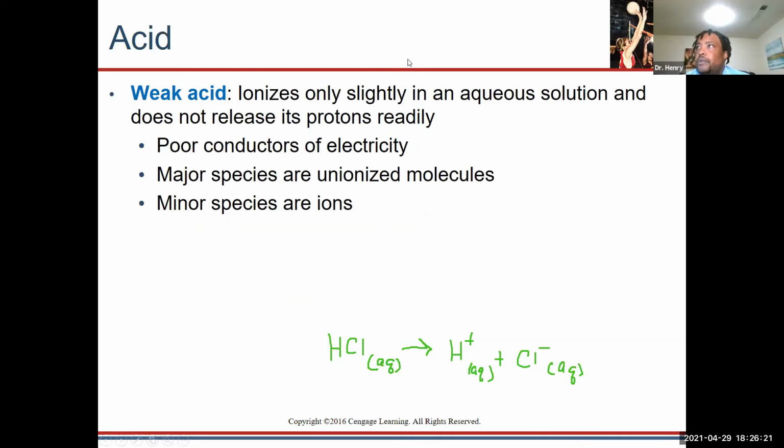Okay, so a weak acid is only going to ionize a little bit in solution, and it's going to conduct electricity very poorly. The major species are going to be the unionized molecules, and the minor species are going to be the ions.